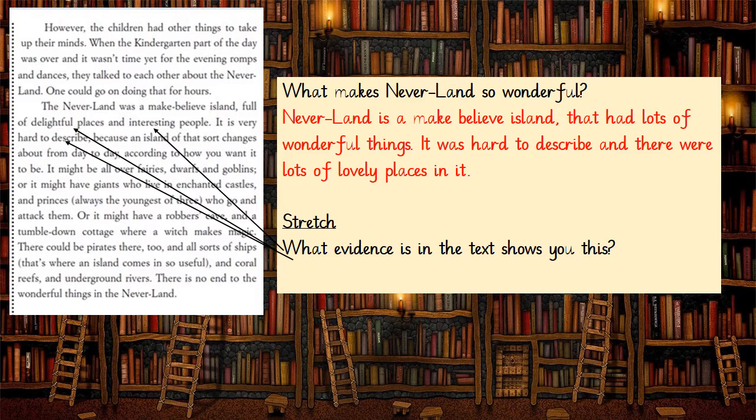So you might find that there were enchanted castles or fairies in there. So there was lots of evidence in the text to show why it was such a wonderful place. And the fact that the word wonderful is used many times to describe this shows this.